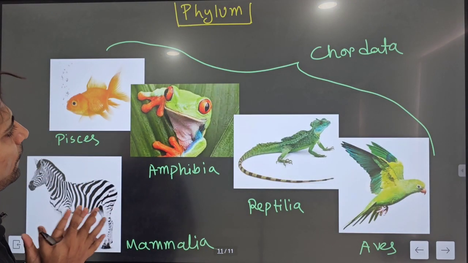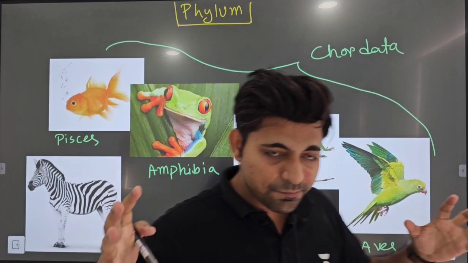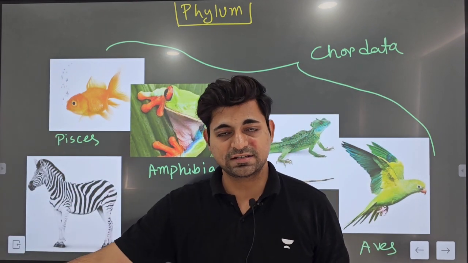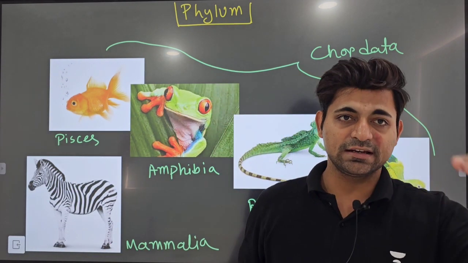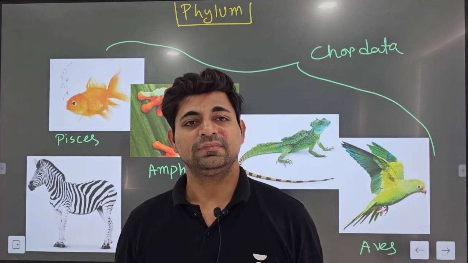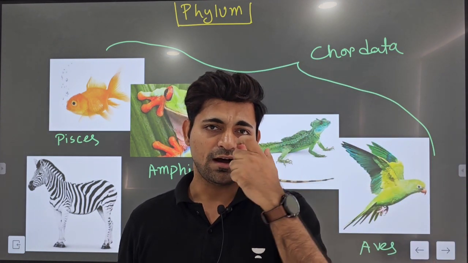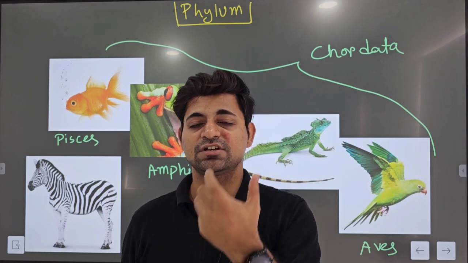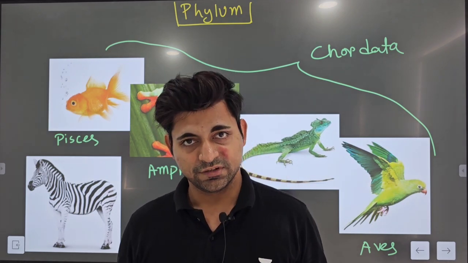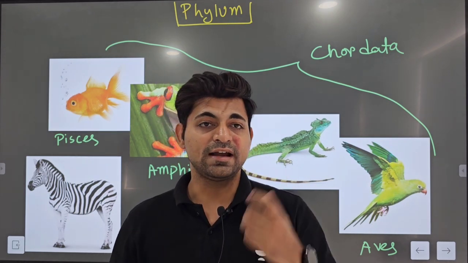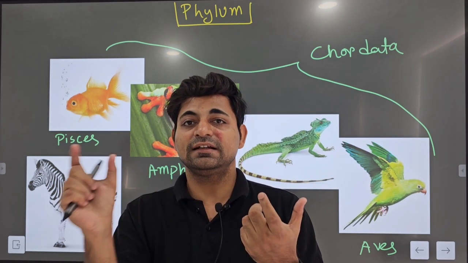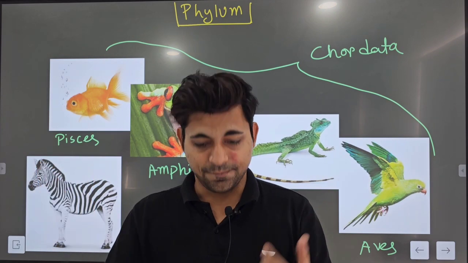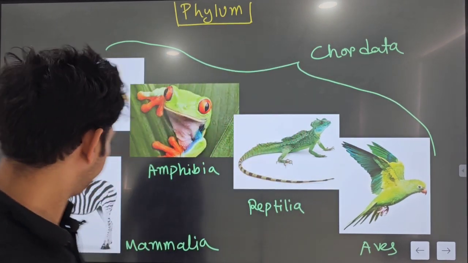Now if we keep all the chordates with all the non-chordates, then it will form the highest rank, the highest category, kingdom, right? The kingdom is the highest rank of animals. It will form kingdom Animalia. The category kingdom, for all the chordates and non-chordates, the taxon will be Animalia. So this is the classification.